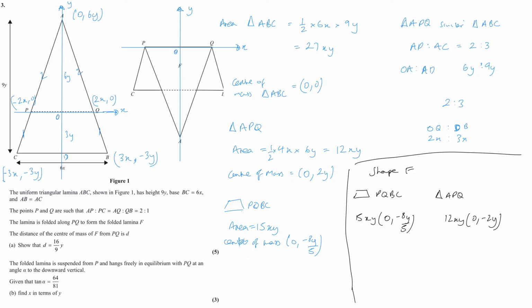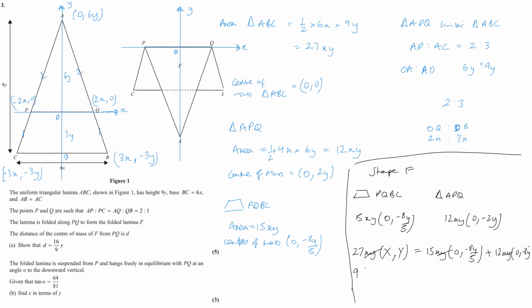So now we've got the whole shape, 27xy, and the coordinates of that would be, I'll just call it capital X, capital Y, and that's equal to 15xy, (0, minus 8y over 5) plus 12xy and (0, minus 2y). Okay, so again I can get rid of the xy's and divide by 3.